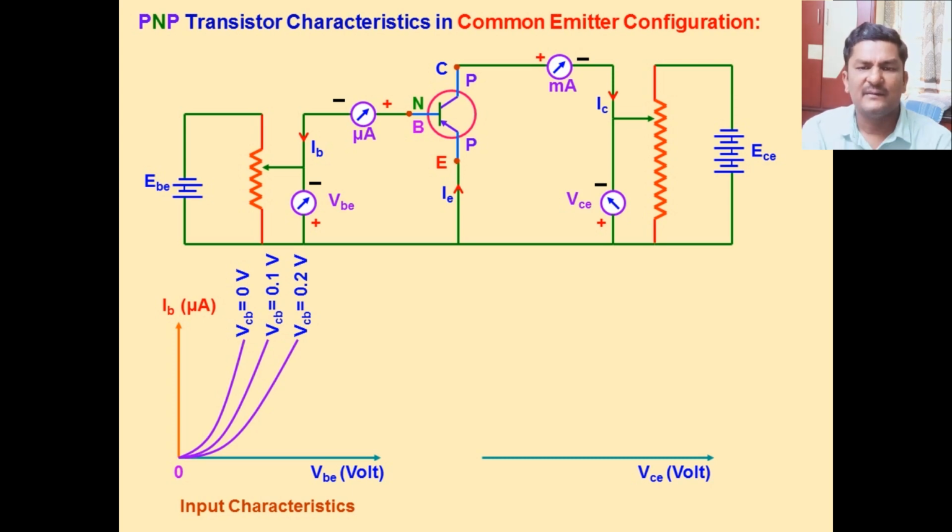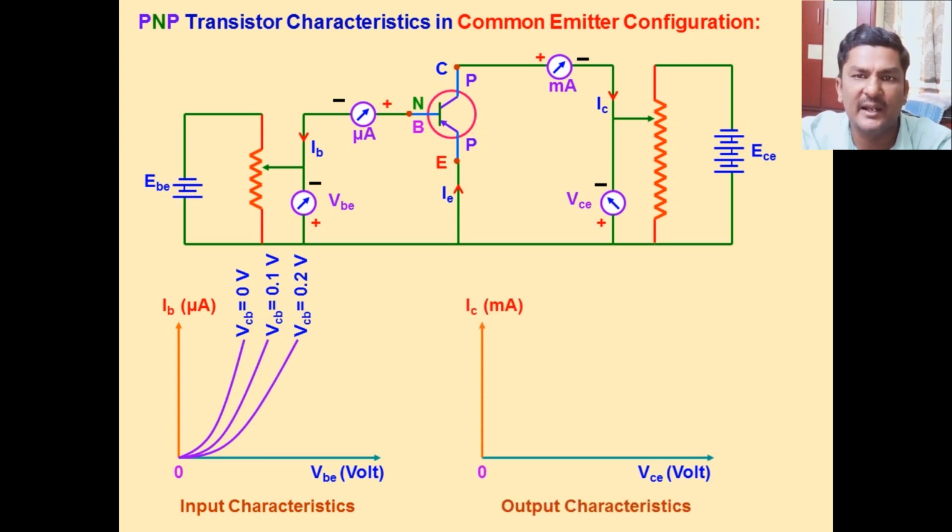When VCE is kept constant, the graph looks like this. For different values of output voltage 0 volt, 0.1 volt and 0.2 volt, with the change of VBE we can measure the IB values, and this represents the curve.